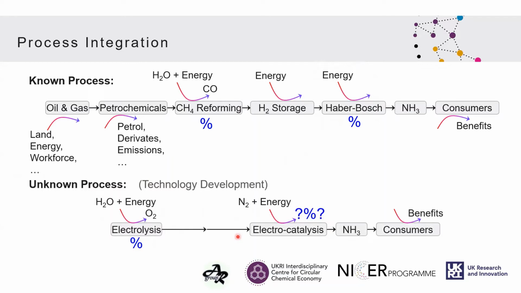However, the conversion of these electrocatalysts, we know some, we don't know all of them, is not optimized. It's a process that is not optimized. We don't know the selectivity, we don't know how long this catalyst will last. And therefore, once we try to develop supply chain analysis, we need to consider some assumptions.